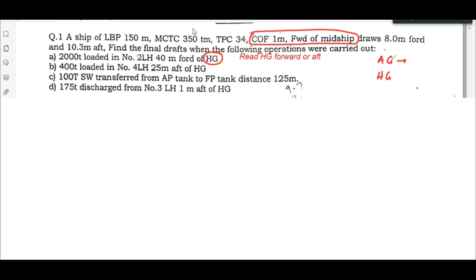AG means center of gravity from the aft perpendicular. This is same as LCG. And HG means center of gravity from midship.